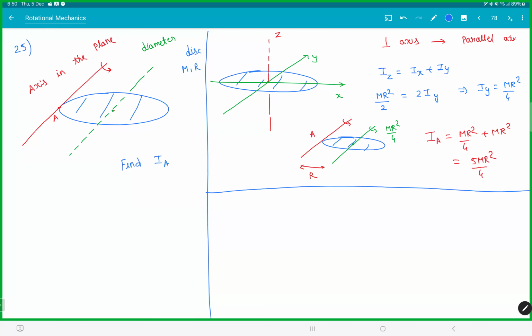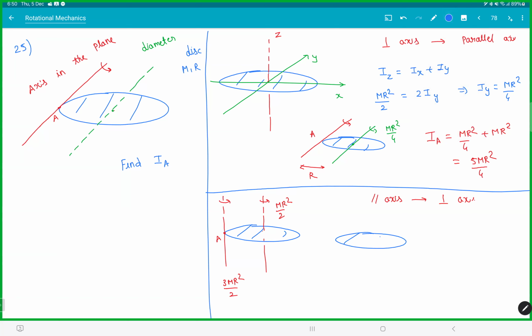Perfect. Second time, what I will do this time, I will use the parallel axis theorem first. Then I will use the perpendicular axis theorem. I know about this axis, Mr square by 2. I'll find about this axis. This would be 3 Mr square by 2.